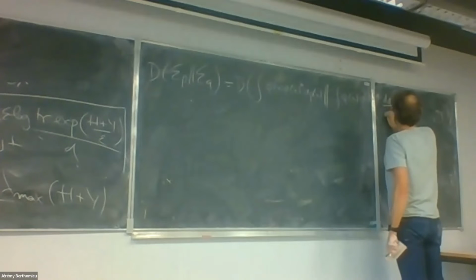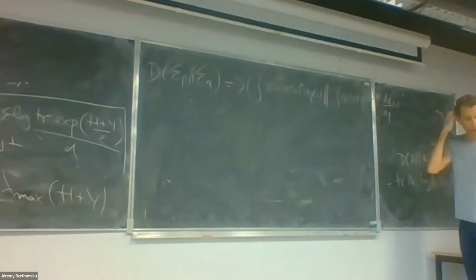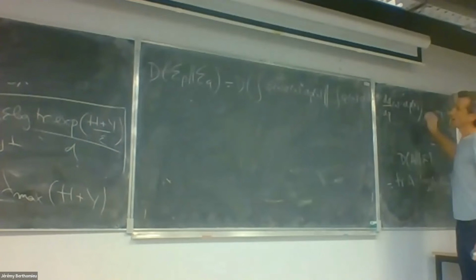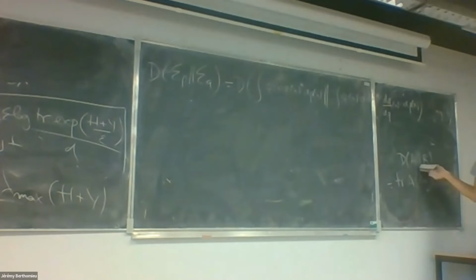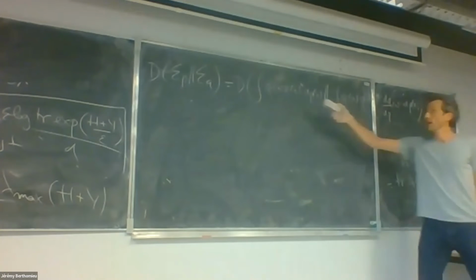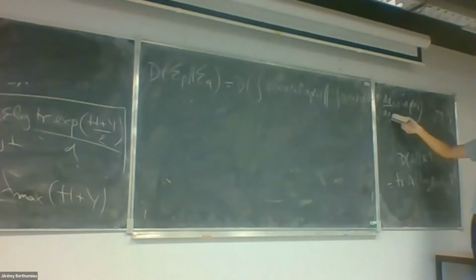Now I'm going to introduce the derivative of the density of Q with respect to P times dP of x. Okay. Now what I have is a jointly convex function of A and B taken at the integral of something and the expectation of something.